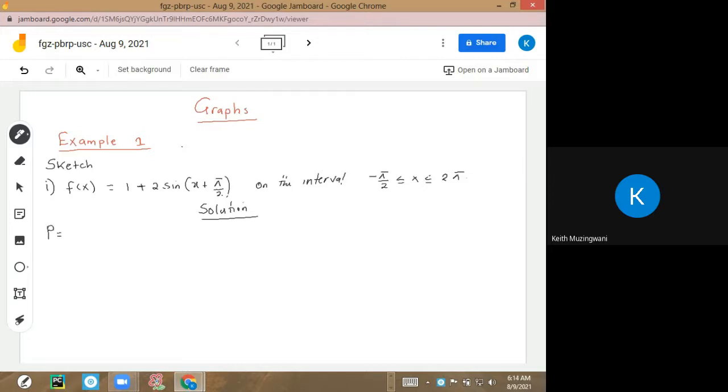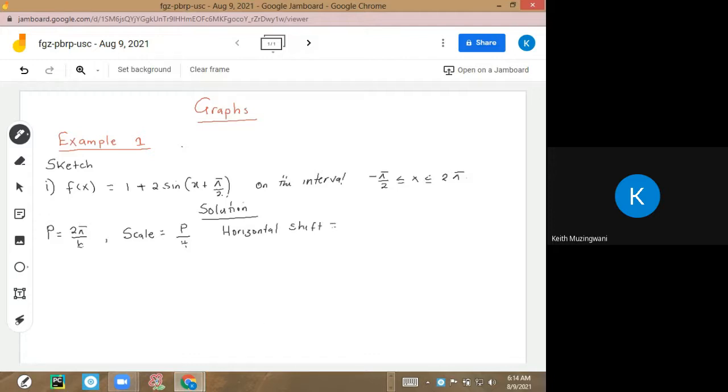The period will always be 2 pi over b. I'm going to give a detailed structure which has these letters. It's also to get the scale. The scale will be the period divided by 4. It's also to get the horizontal shift.